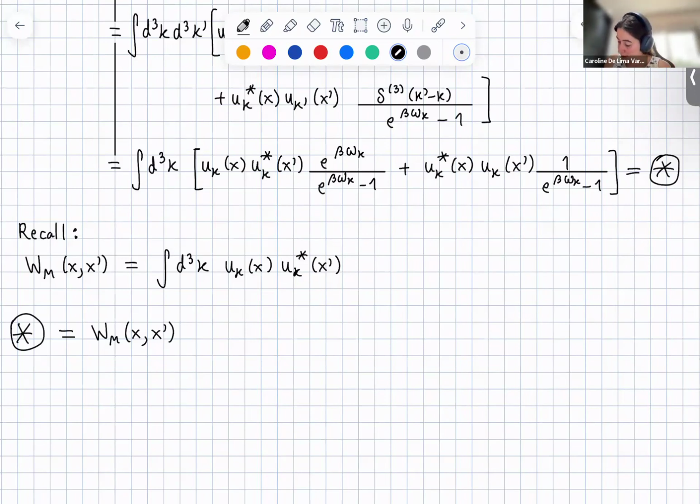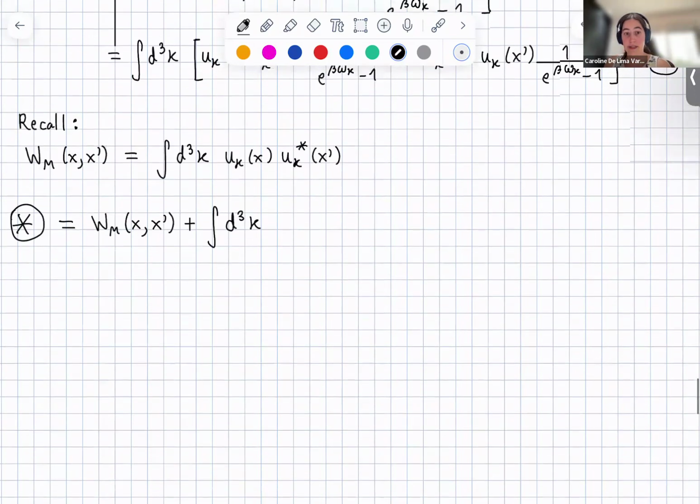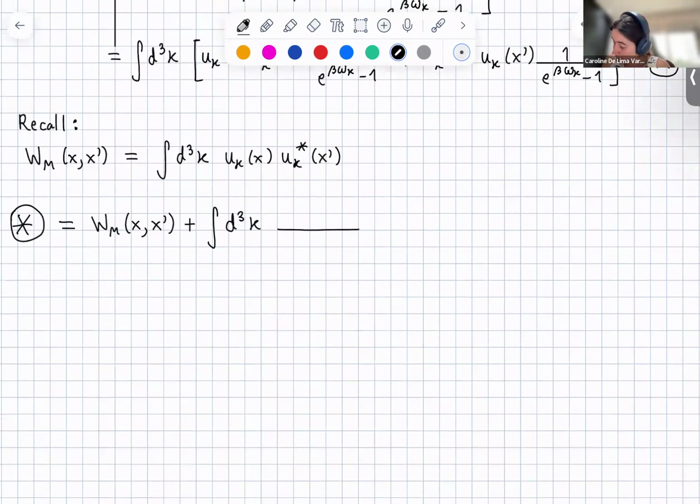And then what survives is the integral of d3k times a factor of 1 over e to the beta omega k minus 1, times u_k(x) u_k*(x'), plus the Hermitian conjugate.